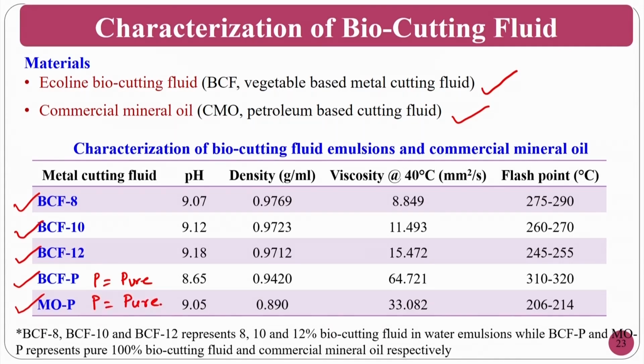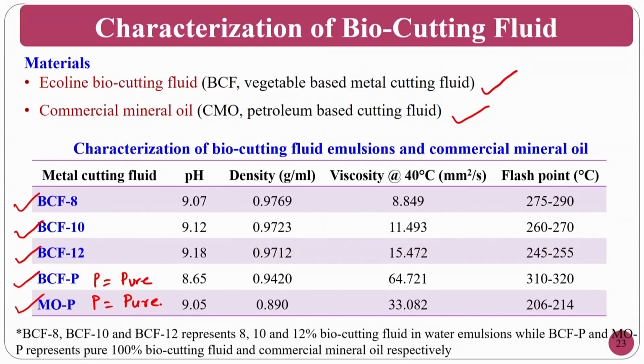We have measured the pH values, density, viscosity, flash point and other things. This is not that relevant, but whenever you do the biodegradability test, you can also look at the viscosity levels, flash point and pH levels, because you have to maintain the pH during the experiment. That is why you always have to measure the pH of your system.